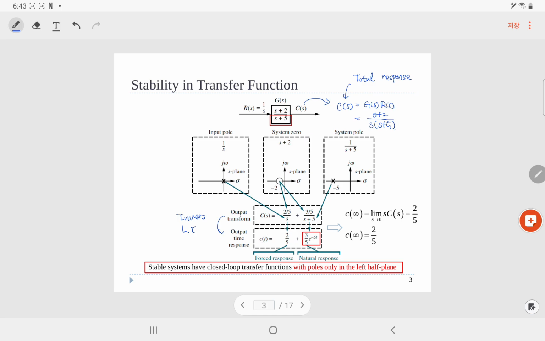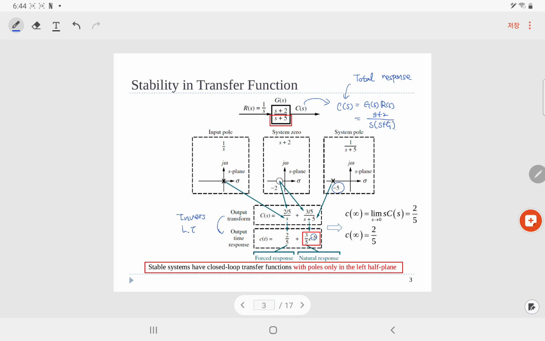Here we can see that the system pole, minus 5, appears here. So we can say that the first term, 2 over 5, denotes the forced response of the system, and the second term is the natural response of the dynamic system.